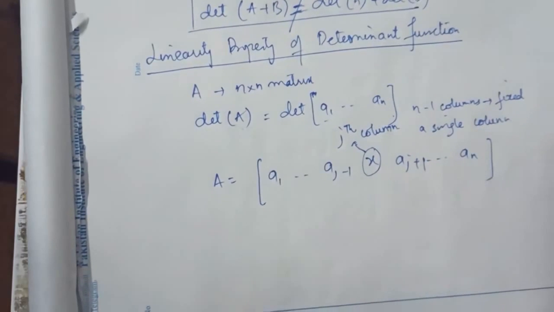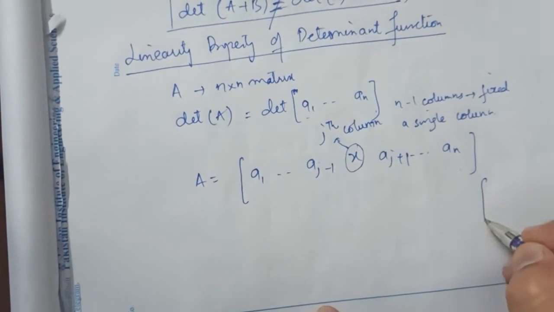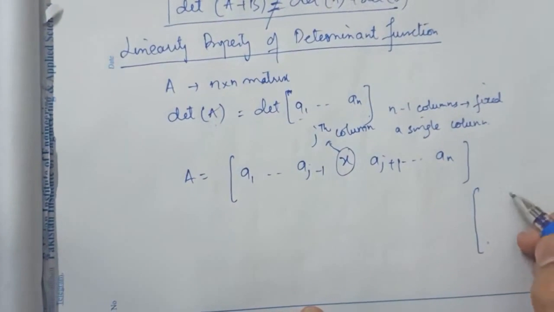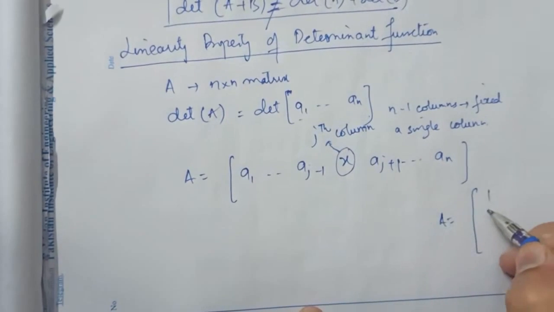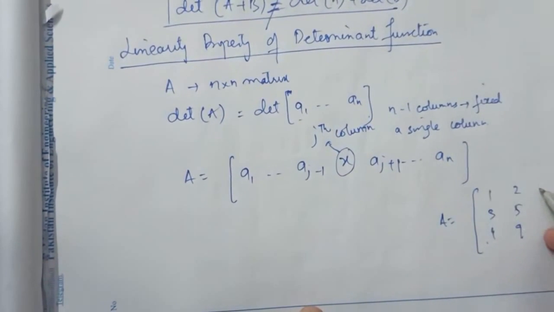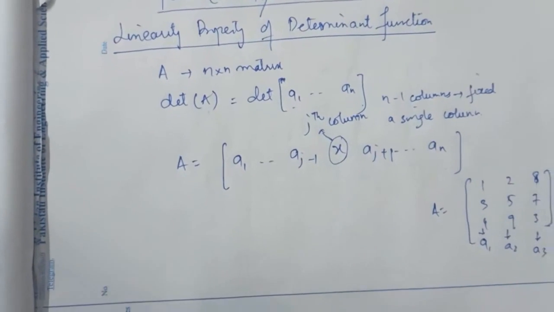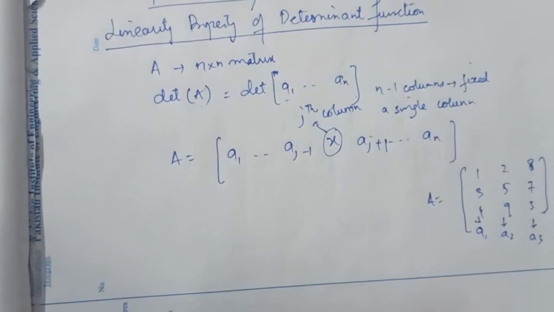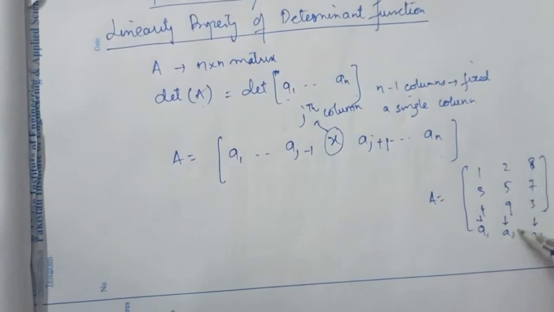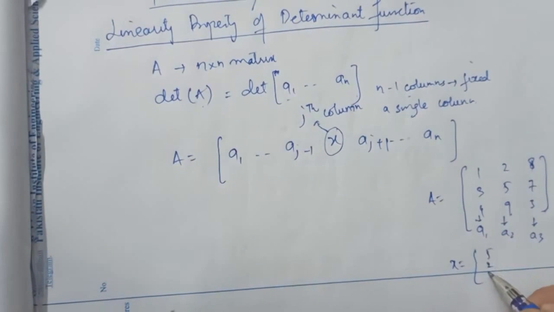To illustrate, as an example, say A was 1 3 4, 2 5 9, 8 7 3. So this is A1, this is A2, this is A3. Now I can replace and say x equals 5 2 4.